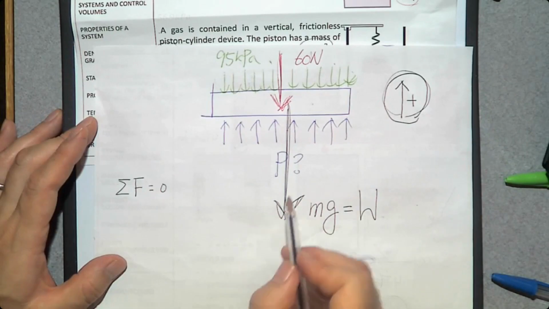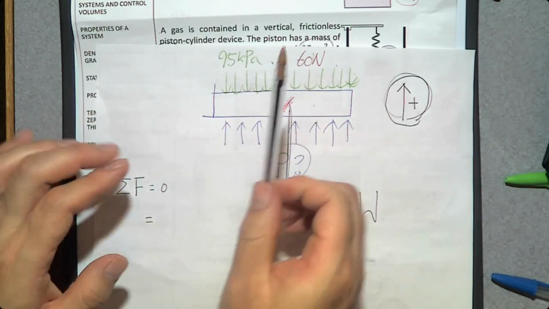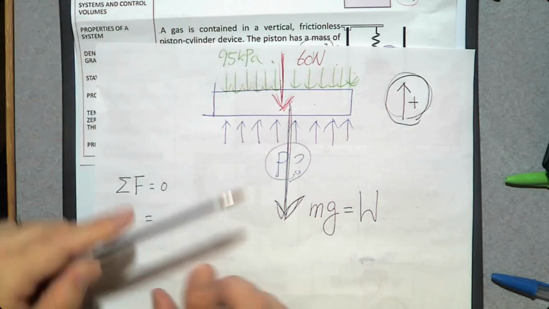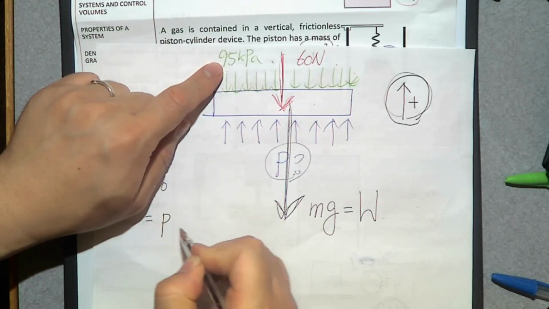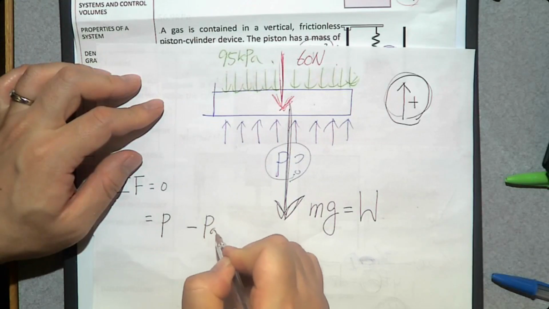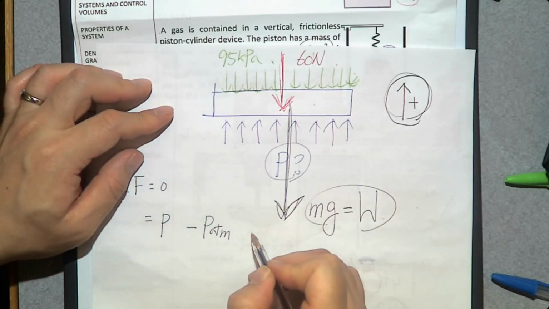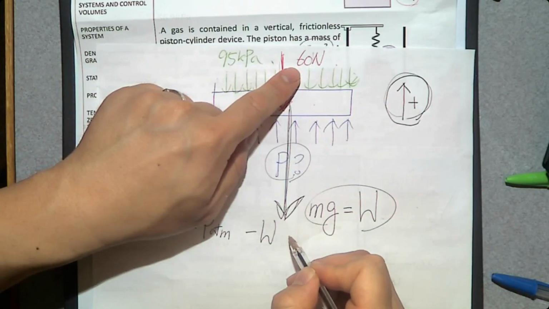So I'm going to start with this unknown pressure P. What is the direction? Positive or negative? P is positive. So it's going to be P. What about atmospheric pressure? Negative. So minus P ATM. And weight? Negative. So minus W. What about 60 Newton, the spring force?